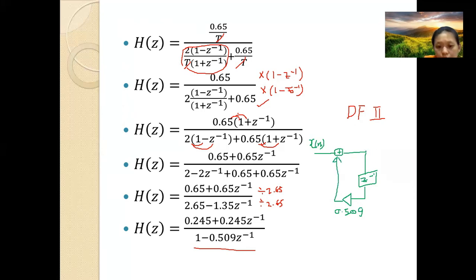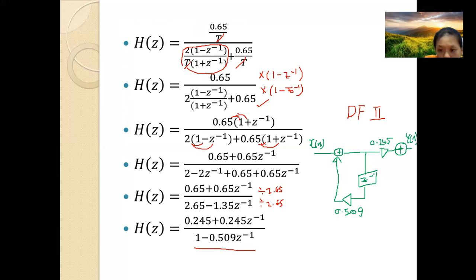For the upper, we will have 0.245. There's a summation here, and here is our y[n] output.